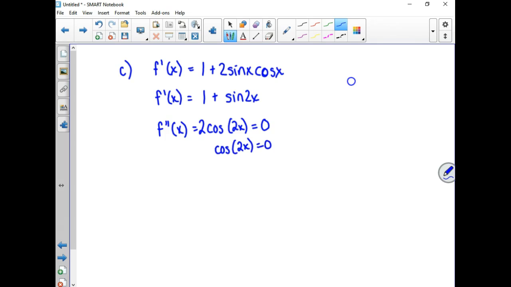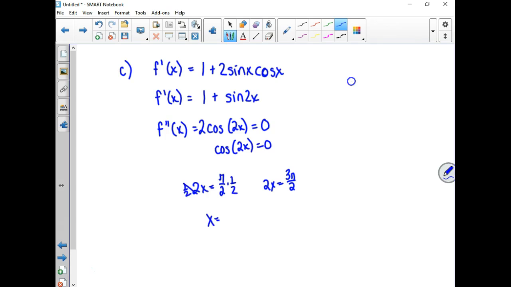And if we think about the unit circle, cosine is 0 at pi over 2 and 3 pi over 2. So 2x equals pi over 2 and 2x equals 3 pi over 2. We would solve both of these for x, so I'm going to multiply by 1/2.